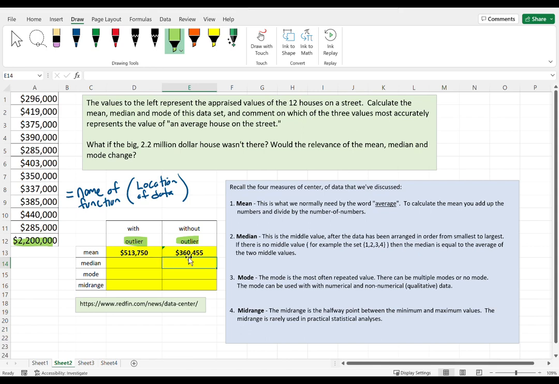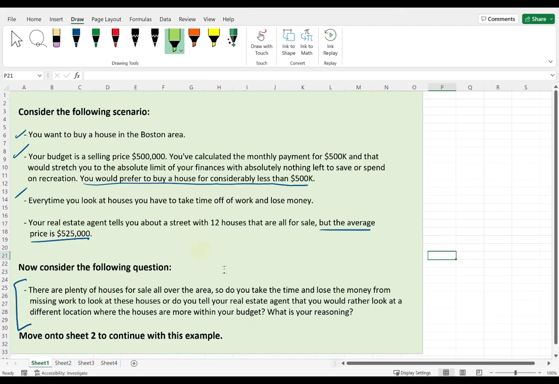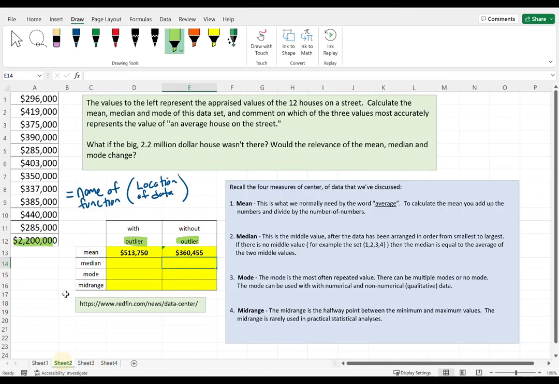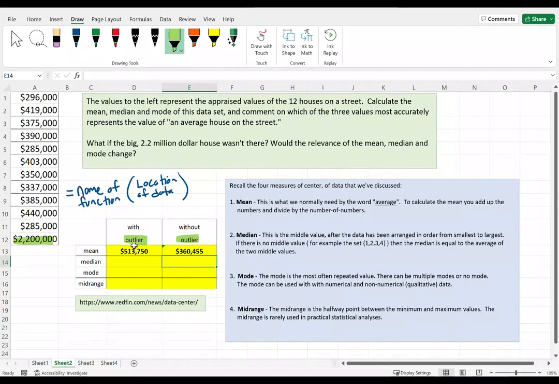And you'll see that is a little more than $150,000 difference. Okay, so in the previous, on sheet 1, I said the average price is $525,000. It turns out in this example it was $513,000. Either way, it's over your budget.